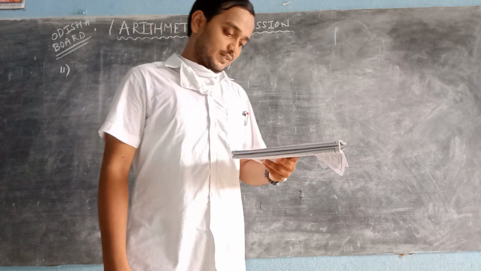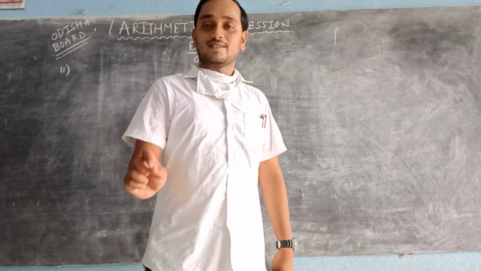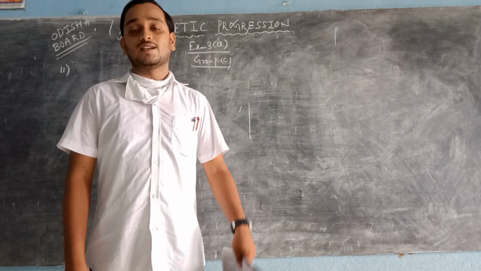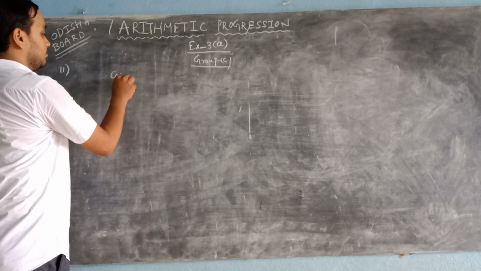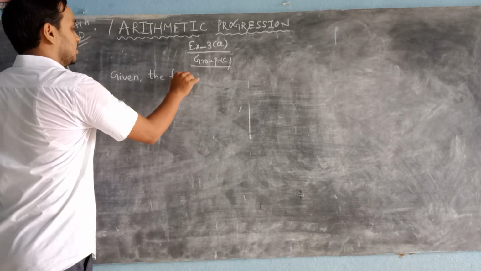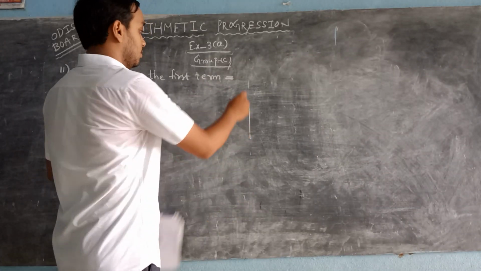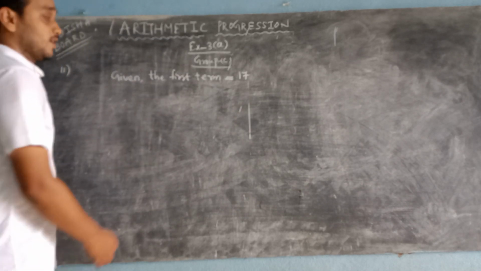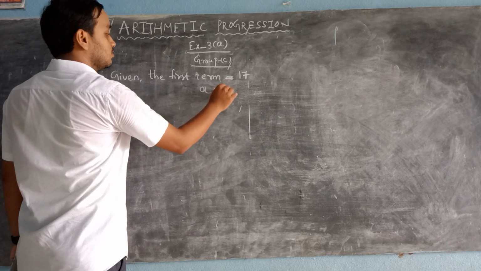If the first term is 17 and the common difference is -2, there is a sequence of series. The first term is given as 17 and the common difference is -2. The first term is 17 means a is equal to 17.